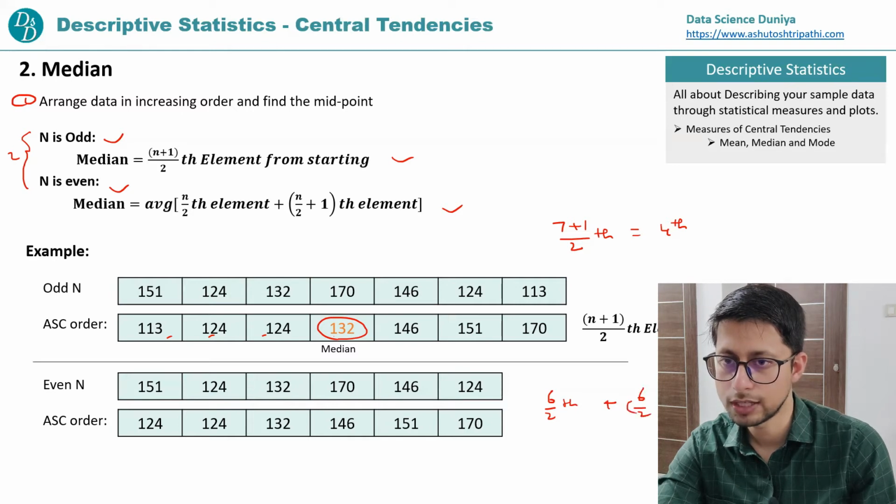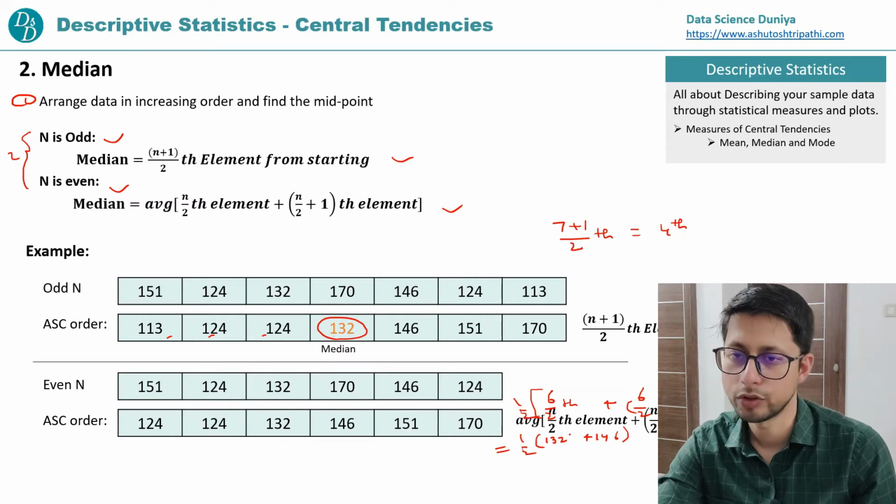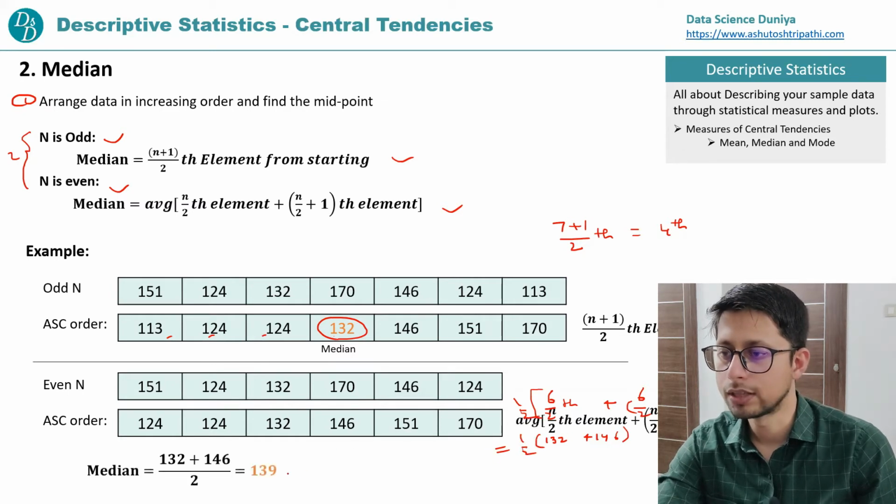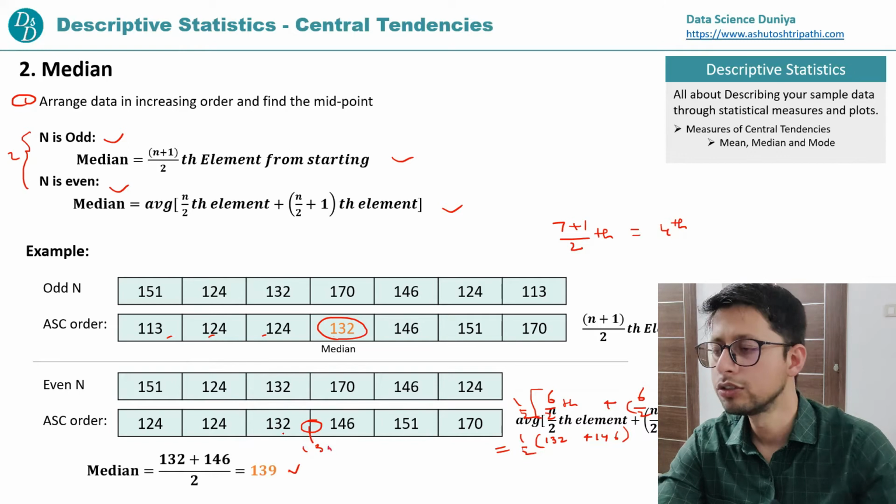Then you need to take the average of these two. So the third element is 132, plus the fourth element, 146, right? And then the average of these two will be your median. It becomes 139, somewhere here. Okay, so this is your median.